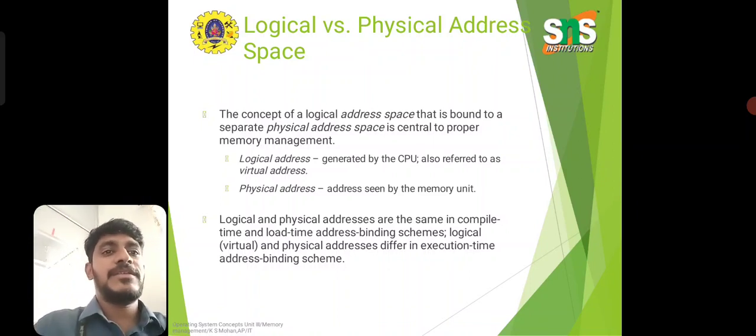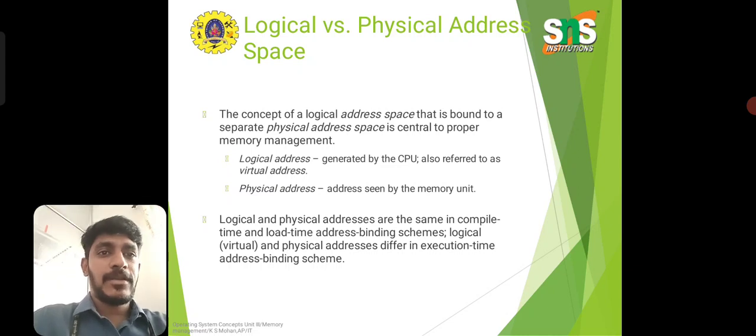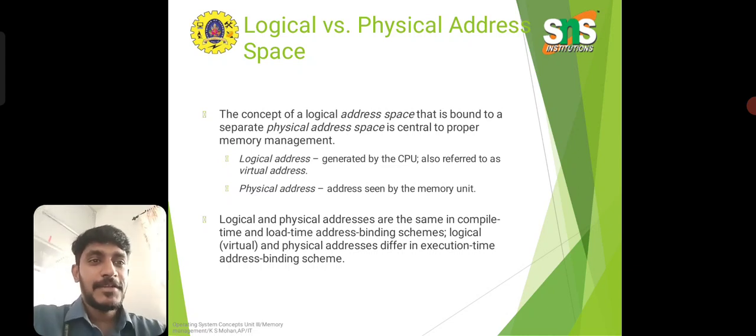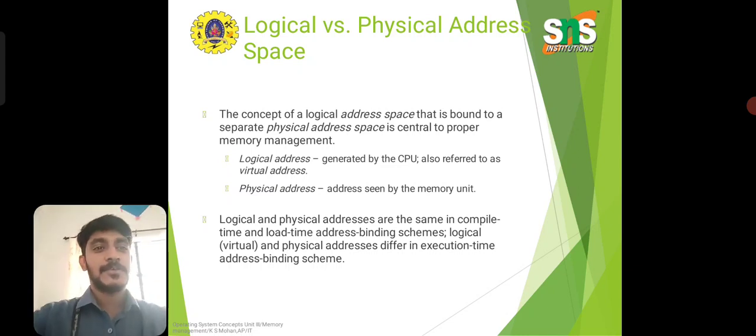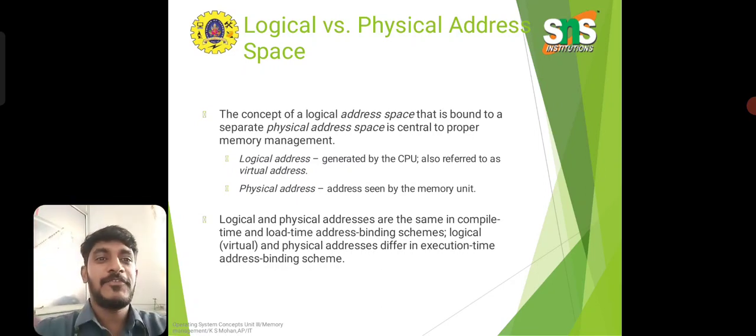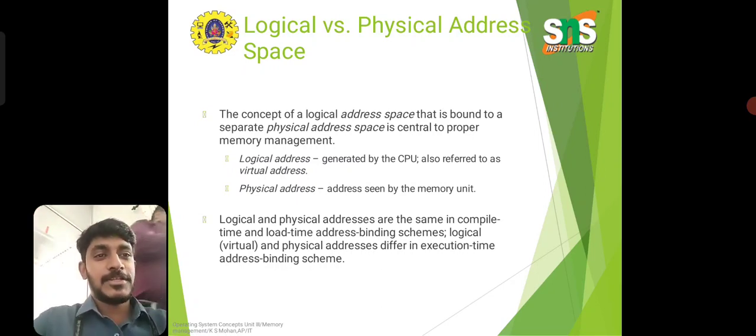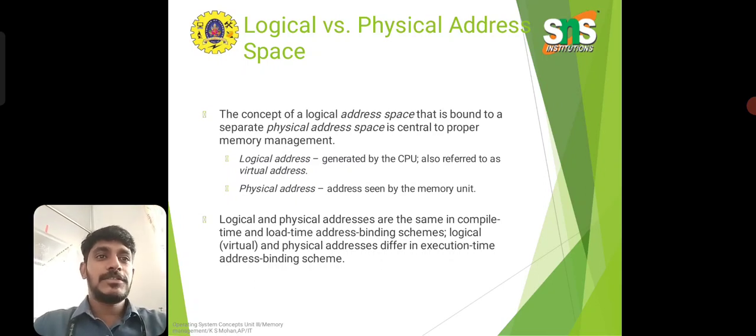Physical address is the address seen by the memory unit. Both addresses are the same in compile-time and load-time address binding schemes. Logical, or virtual, and physical addresses differ in the execution-time address binding scheme. So these are about the logical and physical address space in memory management.